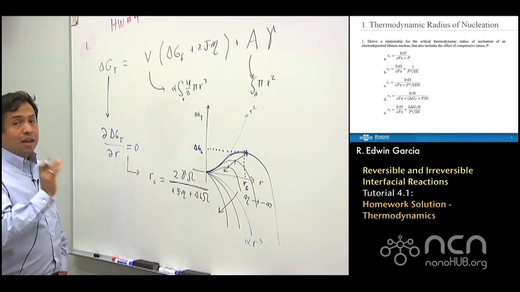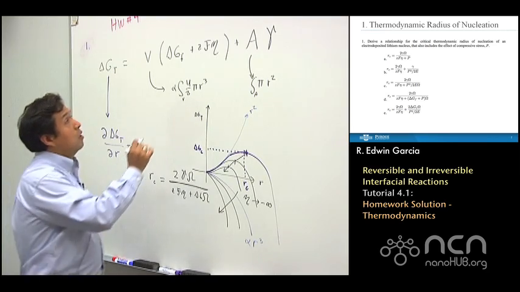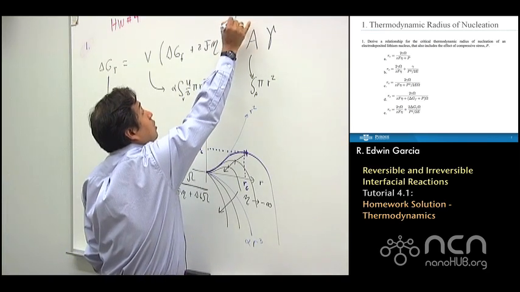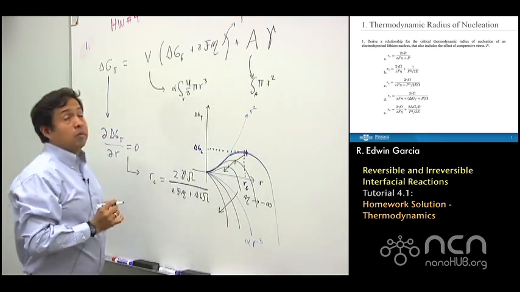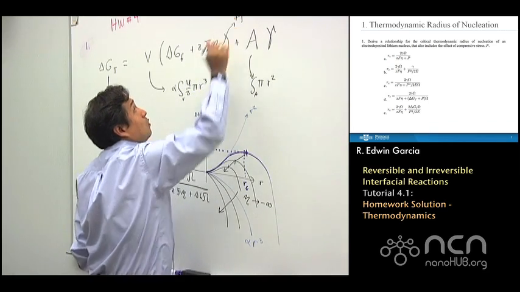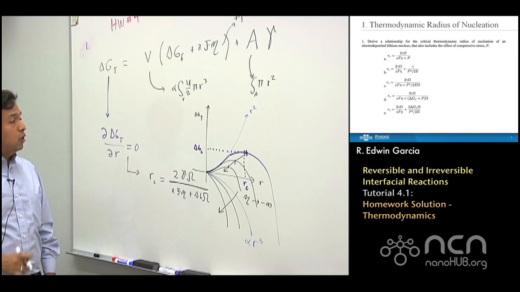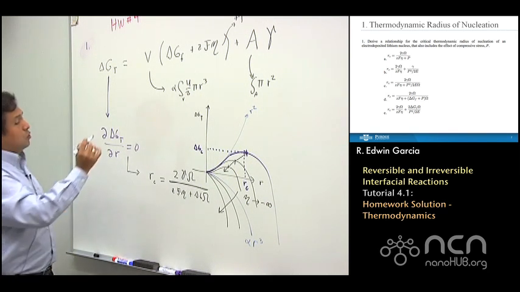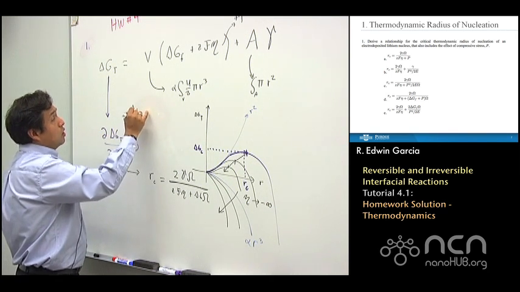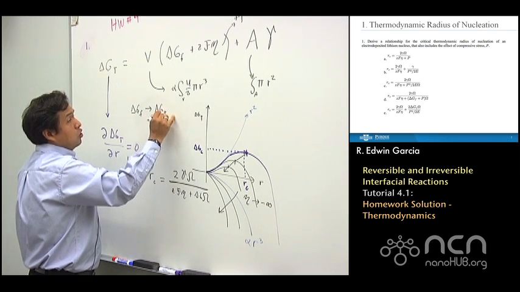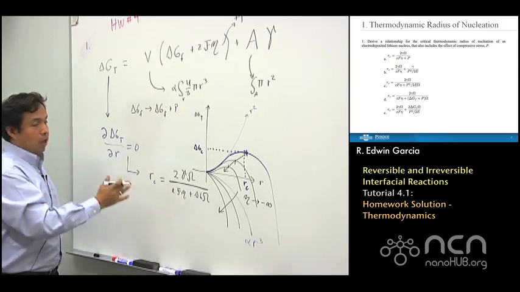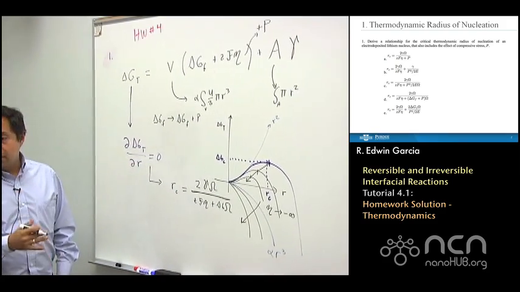When we add pressure in the system, we're adding a P term in there. That pressure has units of energy per unit volume. What you can do is think that you are replacing delta GF with delta GF plus P omega, and everything we've done here still applies.